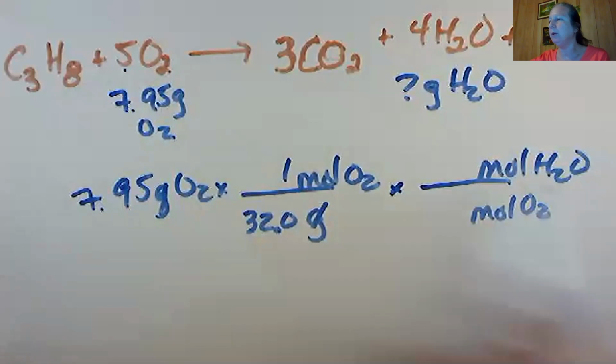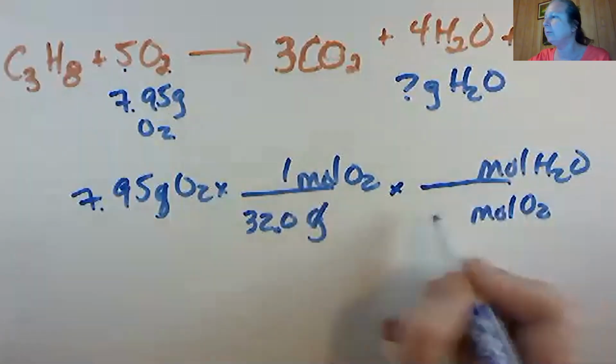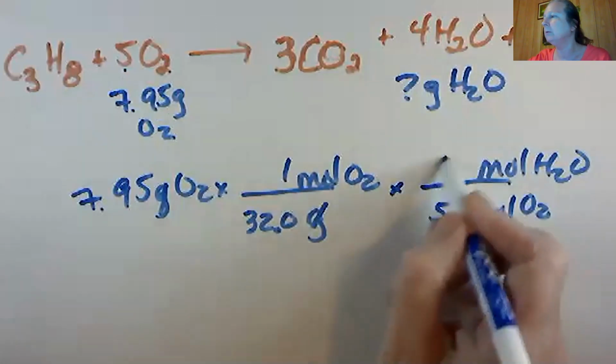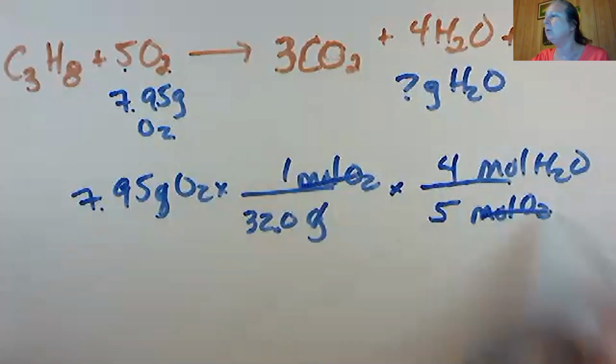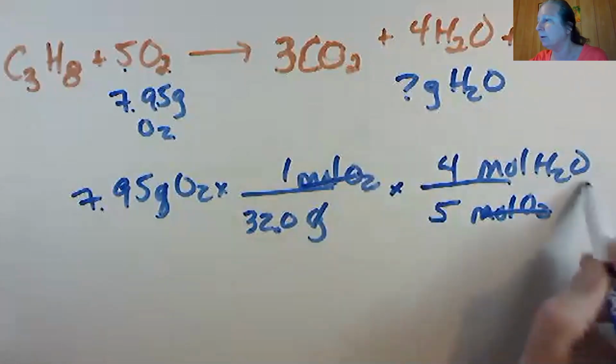What numbers are going to go here? They come from this. So oxygen is 5. Water is 4. Okay, so now we are in moles of water. Almost there. But the question did not ask for moles, it asked for grams. So you have to convert back.